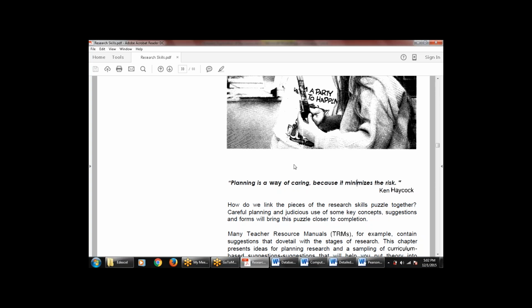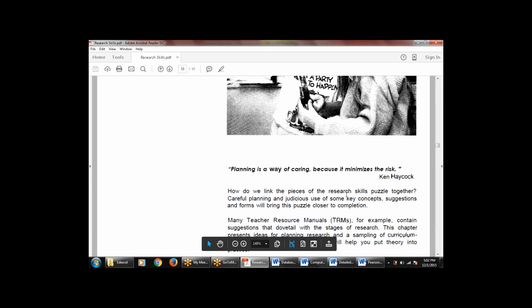How do we link the pieces of the research skills puzzle together? Careful planning and the use of various concepts, suggestions, and forms will bring the person closer to completion.